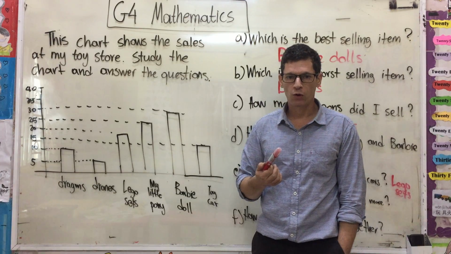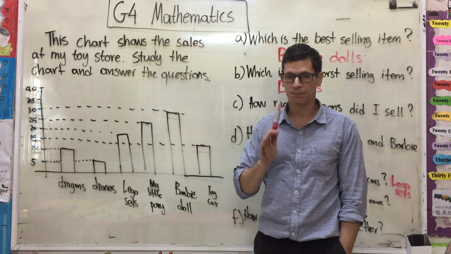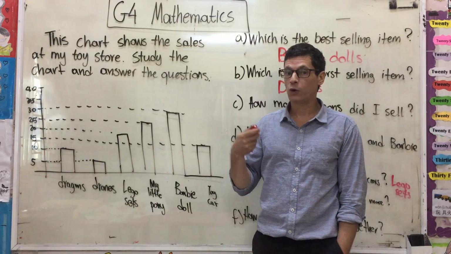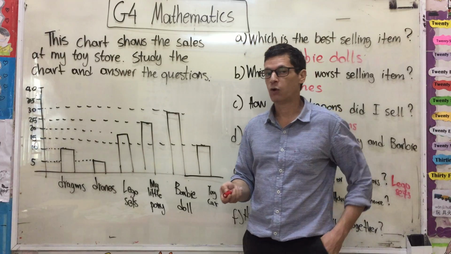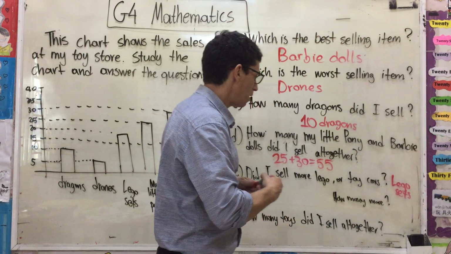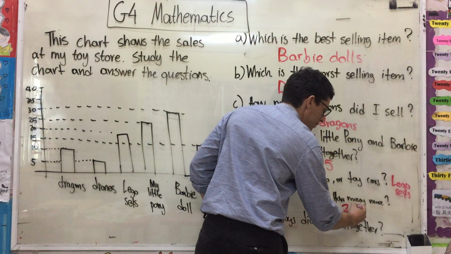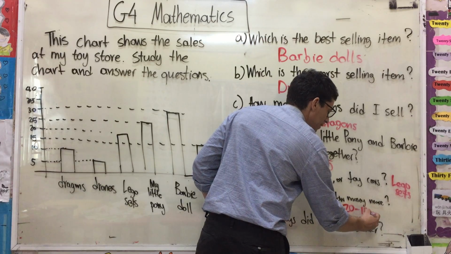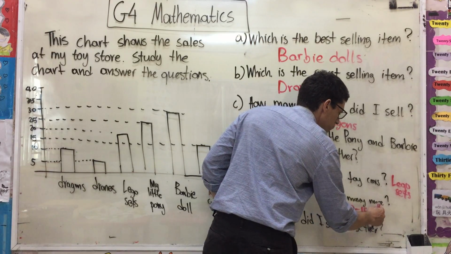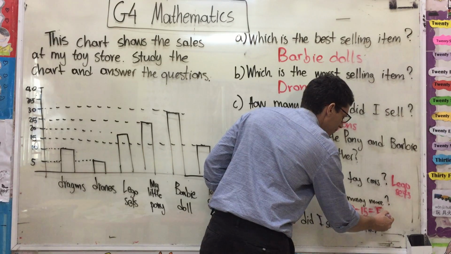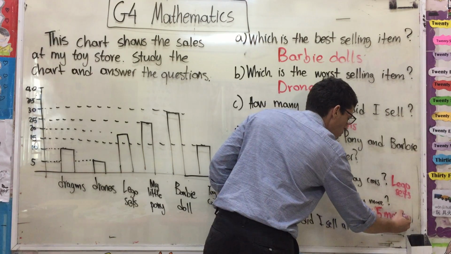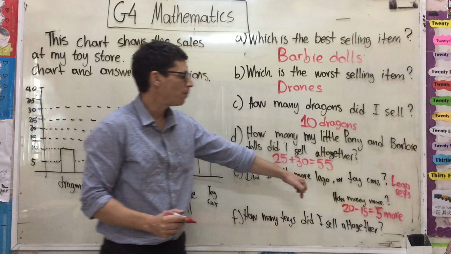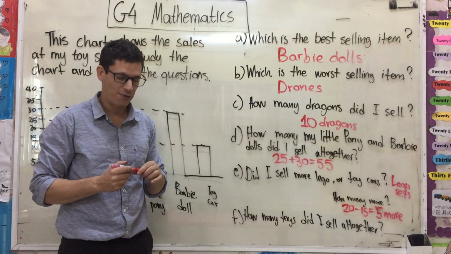Well, if we want to know the difference between two numbers, we subtract. That's how we find the difference between two numbers. 20 minus 15 equals 5. 5 more. So how many more? 5. 5 items more.